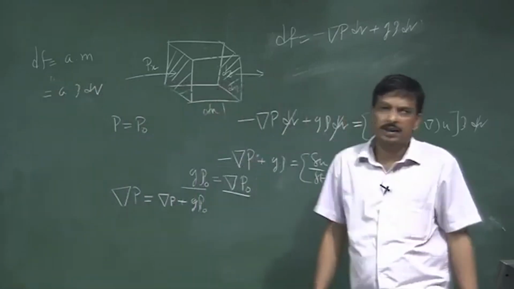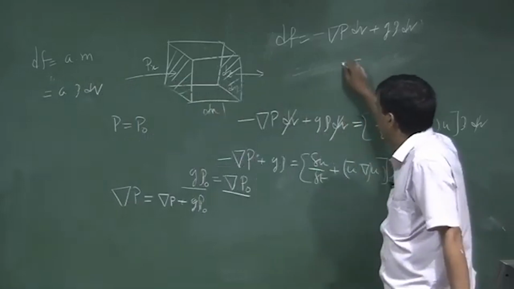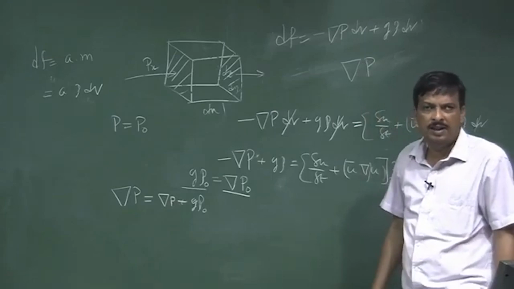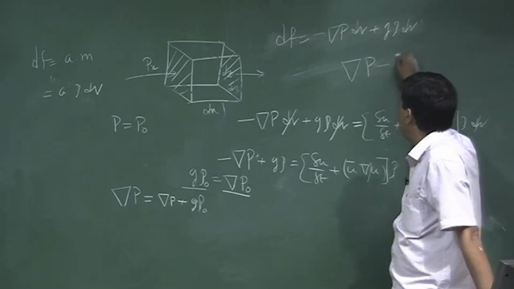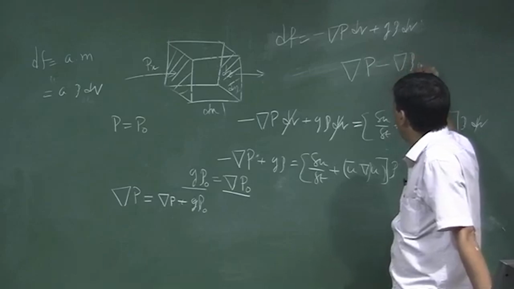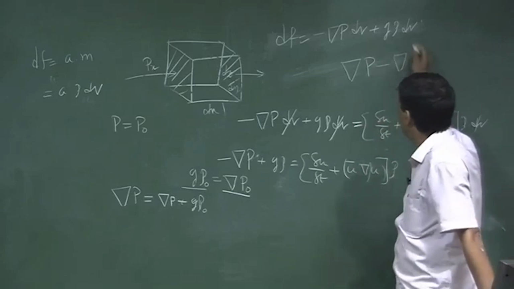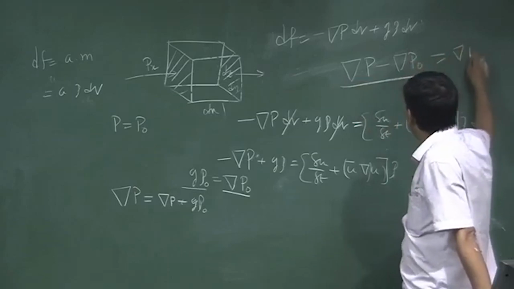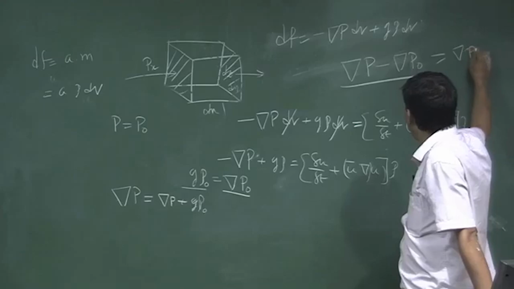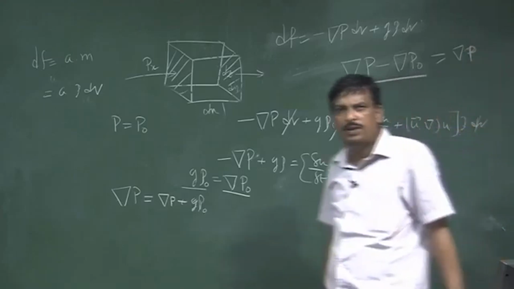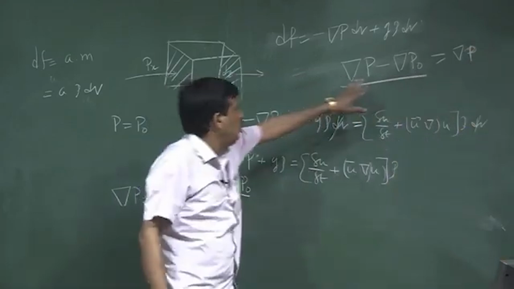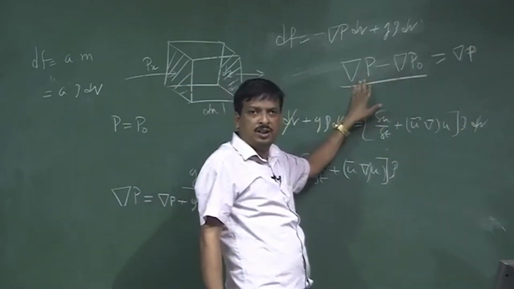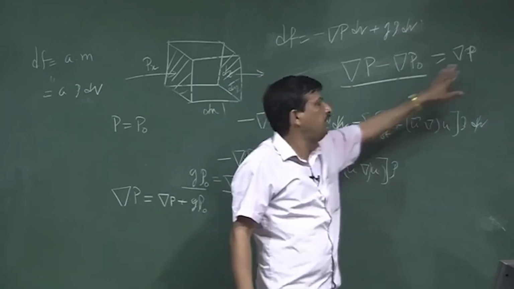What I said is that del P is the total pressure. Del P minus del P0 is nothing but del small p. Let small p be written this way: the instantaneous pressure minus the equilibrium pressure is equal to the acoustic pressure.